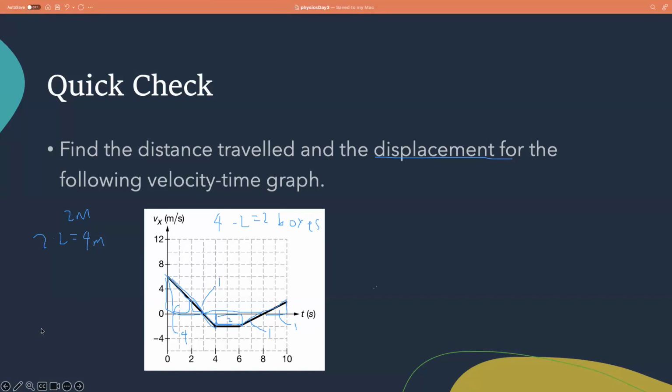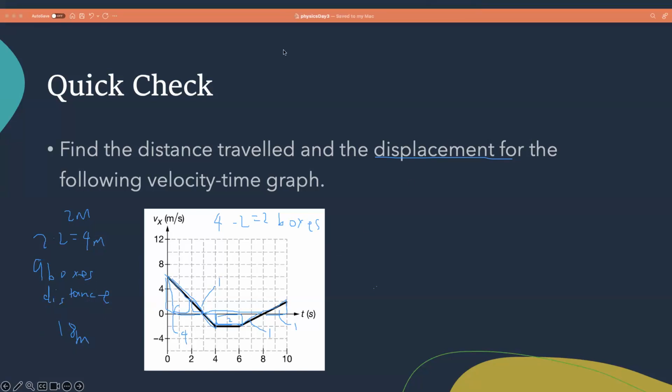If you add these all up, we have a total of 9 boxes of distance. And of course, each box is still 2 meters. So we have traveled a total of 18 meters with a final displacement of 4 meters.